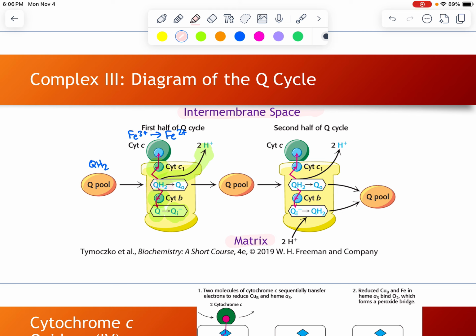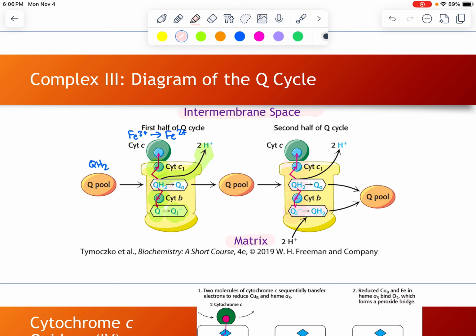Now, in some of our complexes, we have this partially reduced Q. So the next time a QH2 comes in and gives one electron to cytochrome C and gives the other to that partially reduced Q, we get our QH2 back. So we're regenerating that.